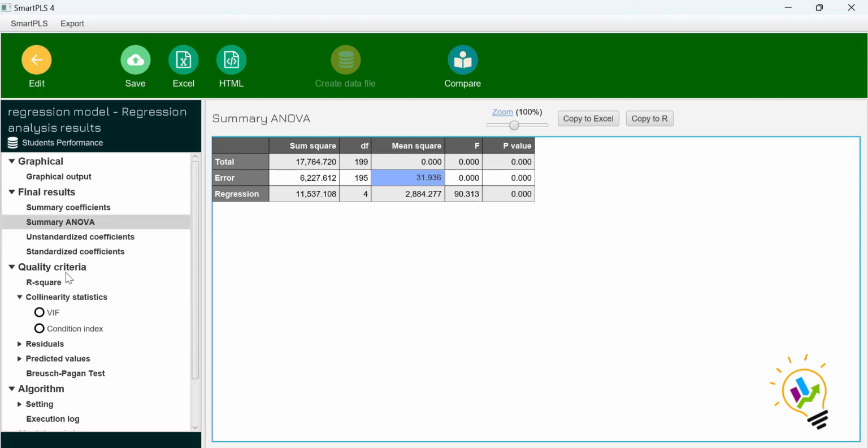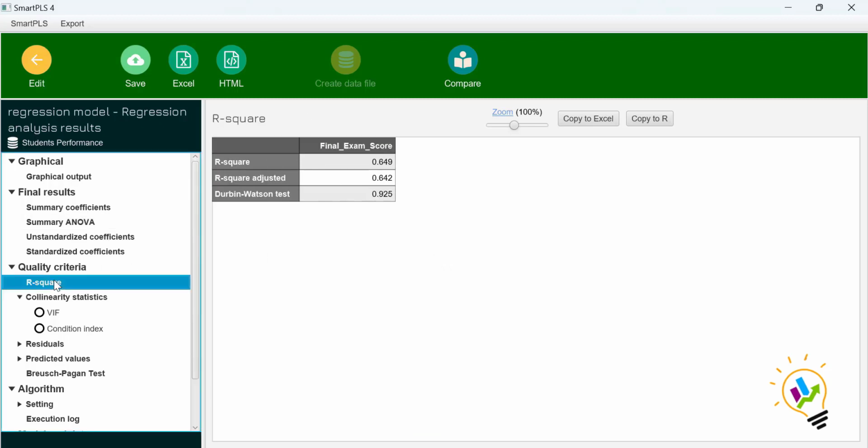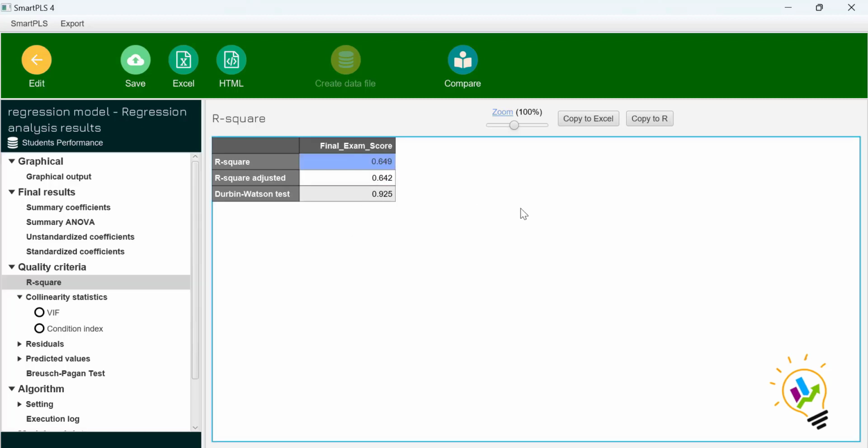Next, we will discuss R square. In this R square table, first we will discuss R square. This is the amount of variation in the final exam score, that is the dependent variable, that is explained by the independent variable. The R square value of 0.649 means that 64.9% of the variance in the final exam score is explained by the independent variables.